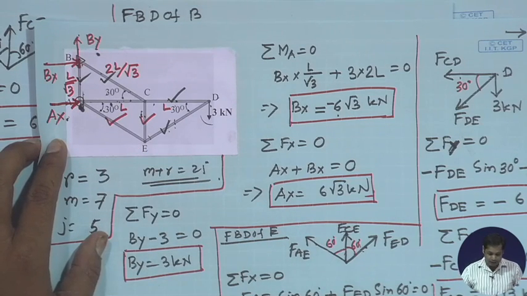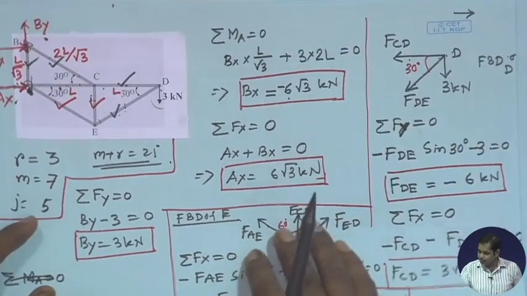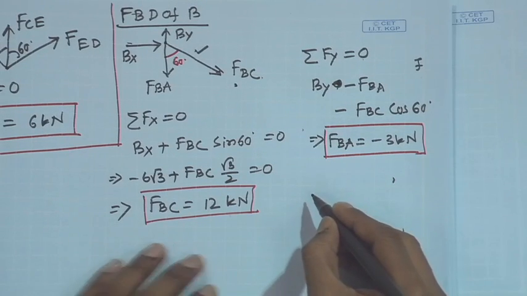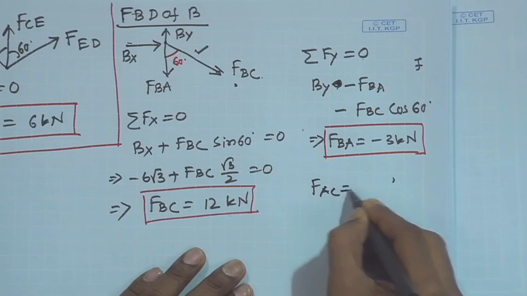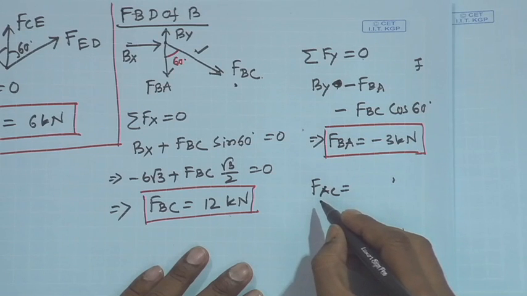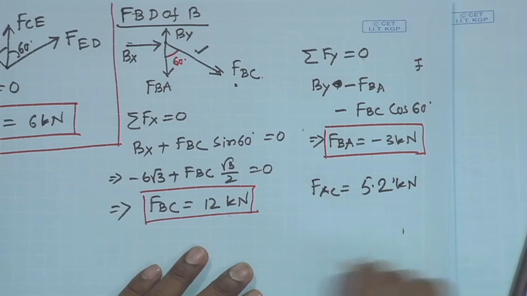The force in member FAC will be 5.2 kilonewton minus.